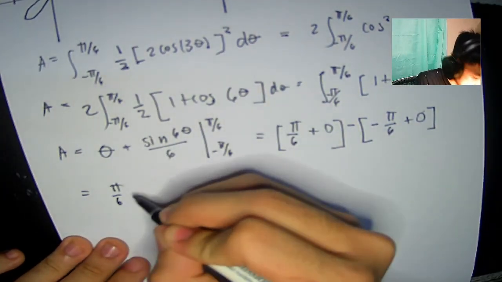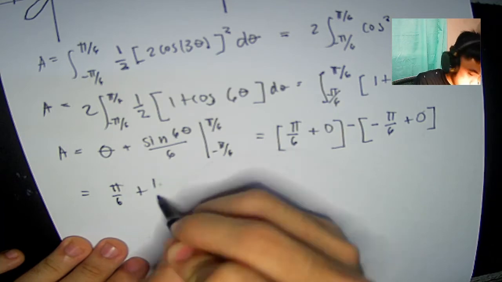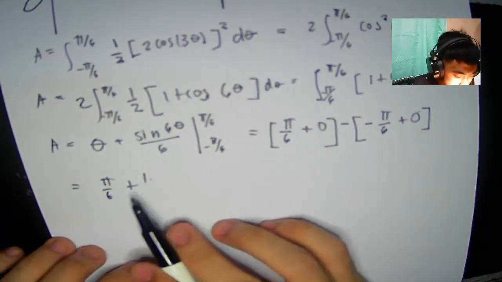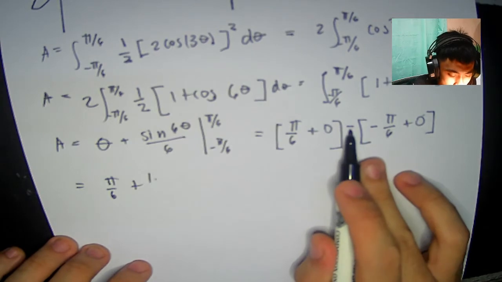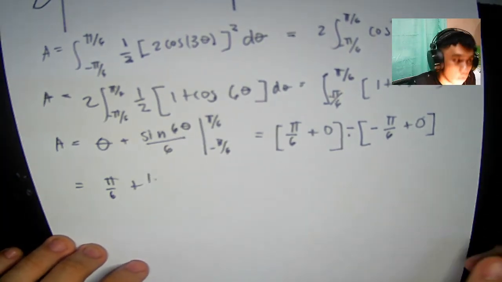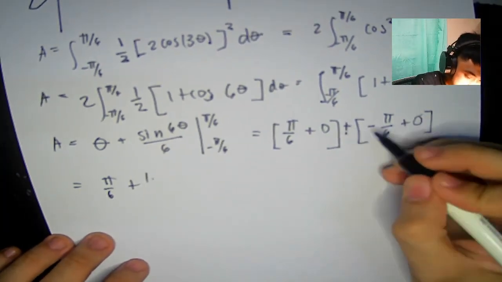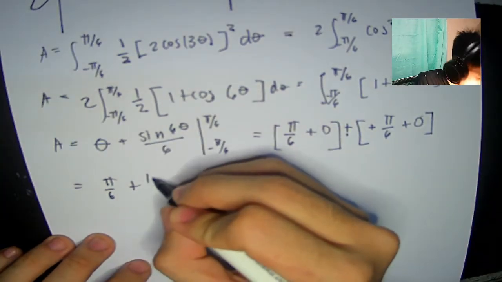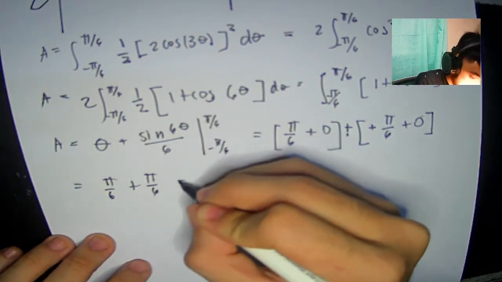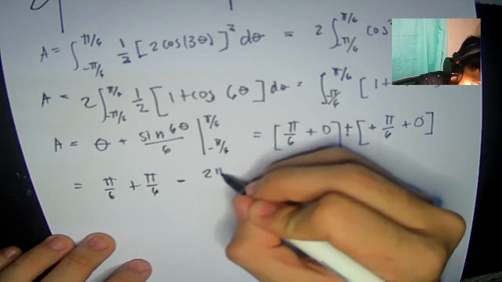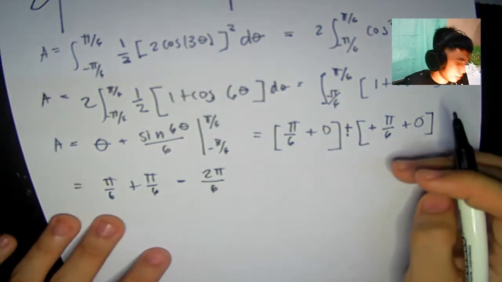So pi over 6 plus pi over 6. Why did it become positive? We have minus here and the negative sign, so minus will be positive. So pi over 6 plus pi over 6 equals 2 pi over 6.